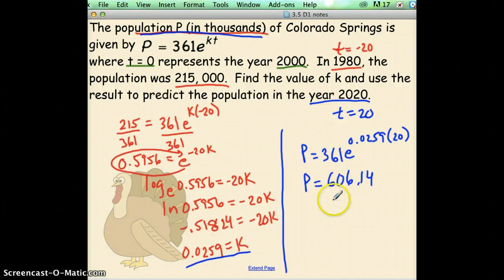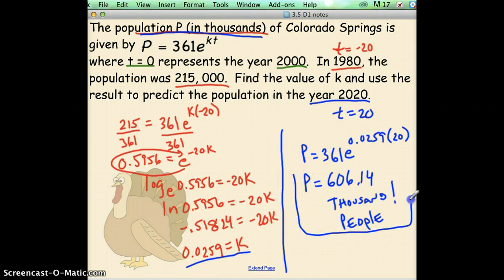So this is 606,000 people. It's not 606 people, it's 606,000 people. Please be careful of your units, because if you leave the thousand off, 606 people is way different. So just be very careful about your units.